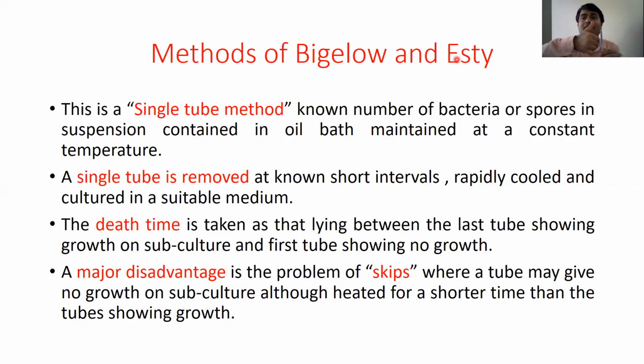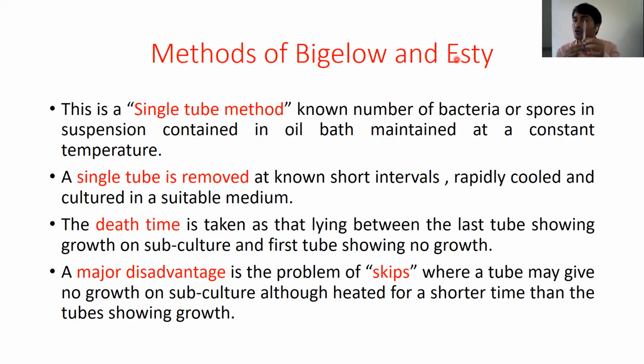That means we will take the suspension of bacteria or bacterial spores and do the culture. If any growth occurs in subculturing, we continue, and we have to keep testing until the tube shows no growth, whether it is bacteria or bacterial spores.